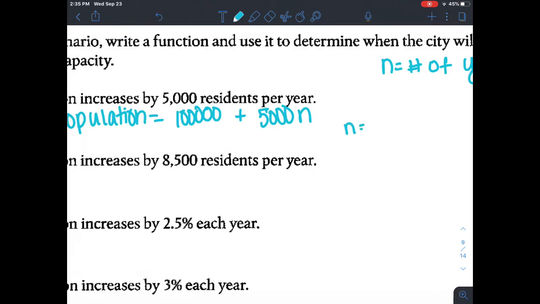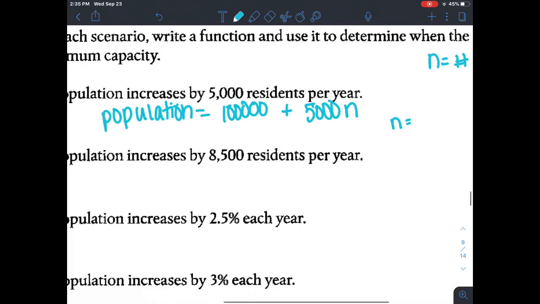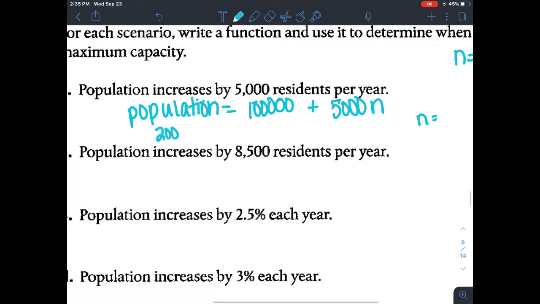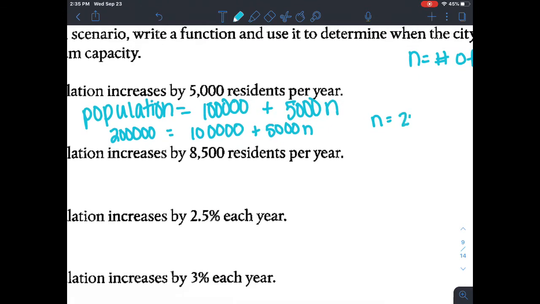And if I solved for N, population will be 200,000 equals 100,000 plus 5,000 N. So it should be in about 20 years.